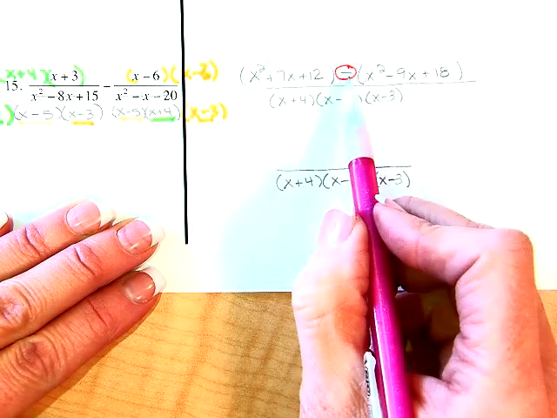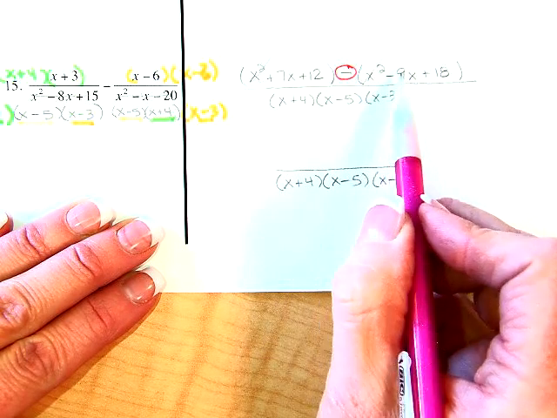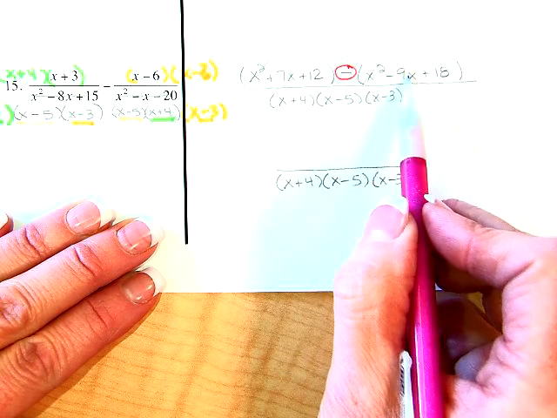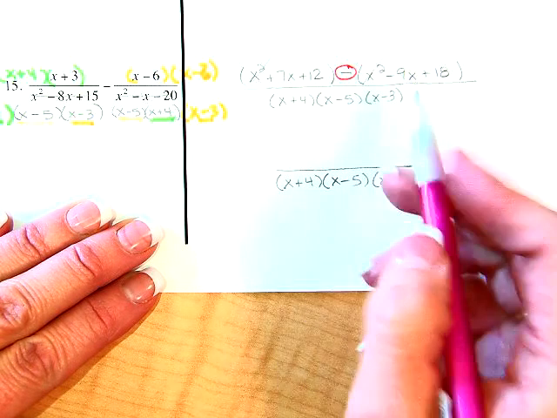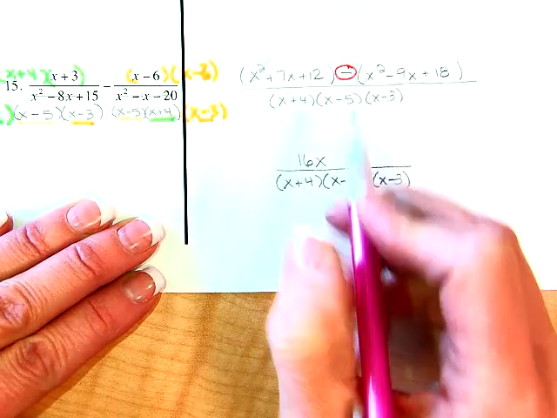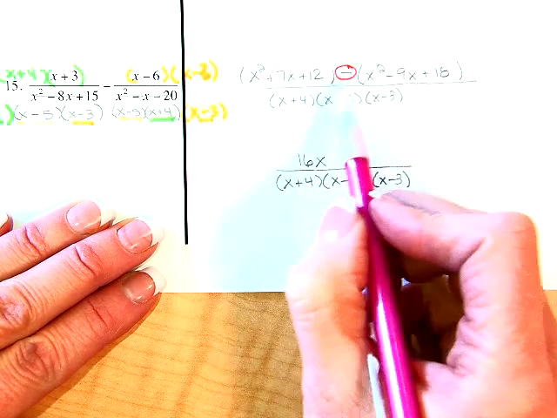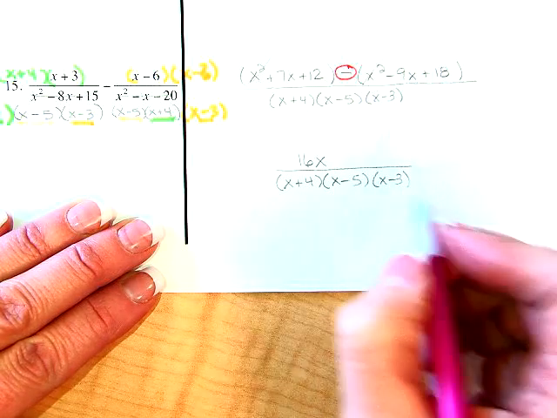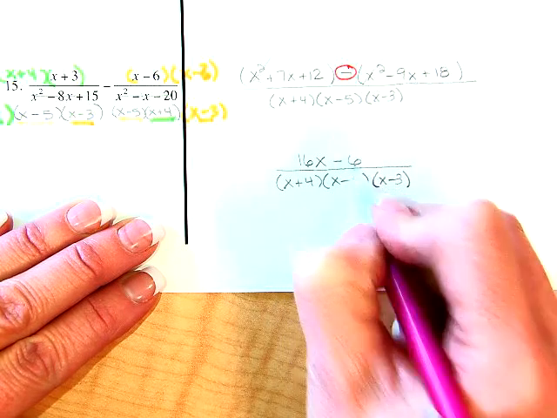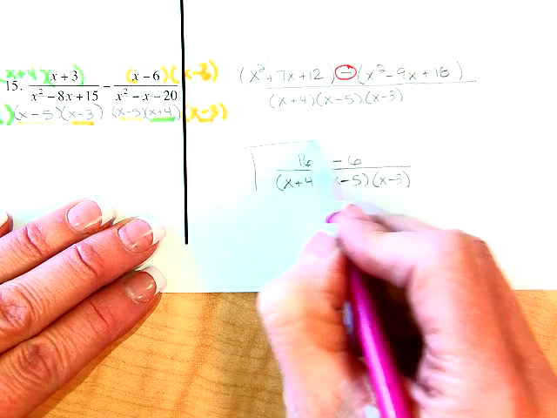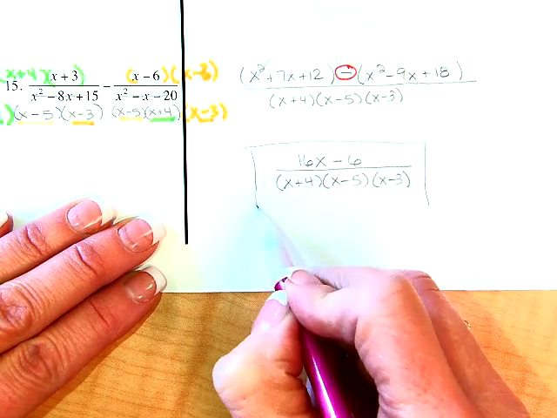So we have a 7x minus minus 9x. 7x minus minus 9x is actually 7x plus 9x, which is 16x. And then I'm doing 12 minus 18, which is a minus 6. And the numerator is now cleaned up. The denominator is done.